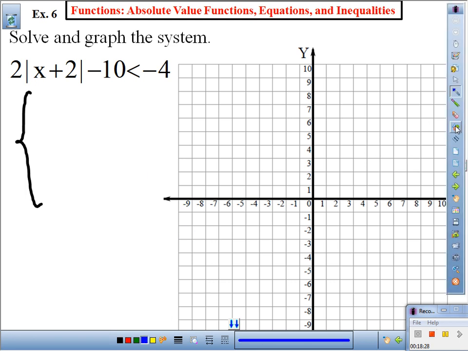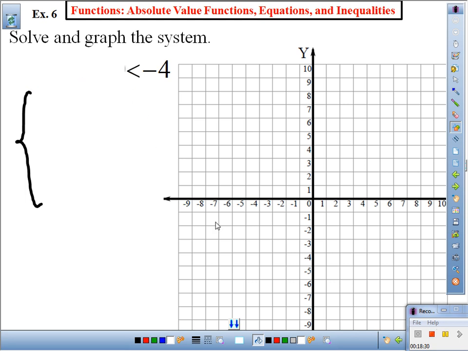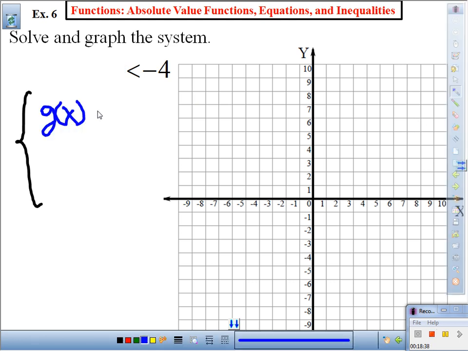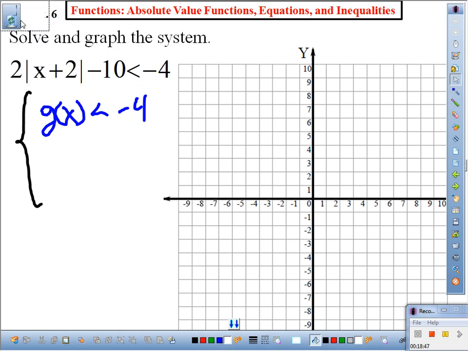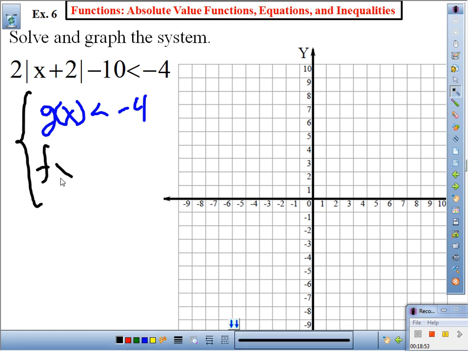If we were to cover this first part, look up. There it is. What do you see? Less than -4. That's our g of x. G of x is less than -4. So that means if I uncover this and I was to cover the other side, that means we would have f of x.